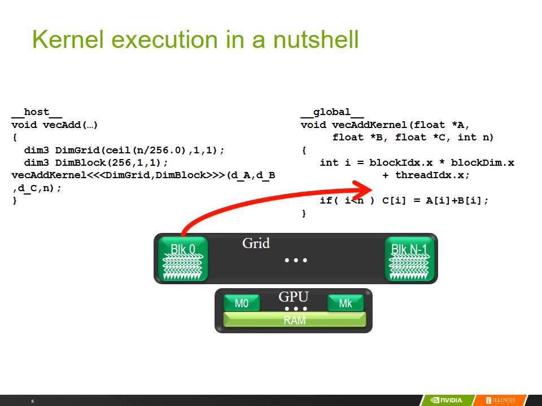And this is what I referred to in module 2, that this I index will be used by each thread to make their individual access into the data structure, as well as making their individual decision whether they will participate or not participate in some of the computation.